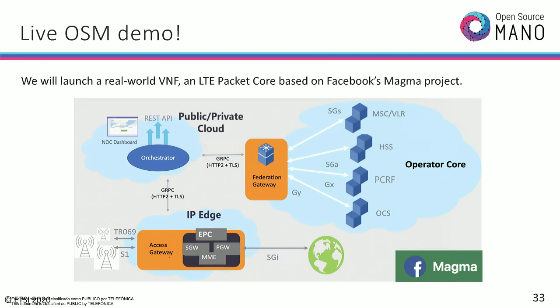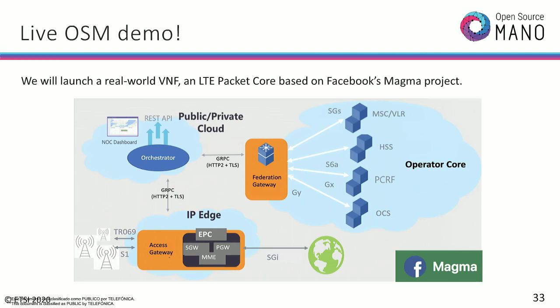We'll launch a real-world CNF. In this case, it is a packet core based on Facebook's Magma project. This particular network service is composed of 3 CNFs. We have an orchestrator, an access gateway, and a federation gateway in some cases.